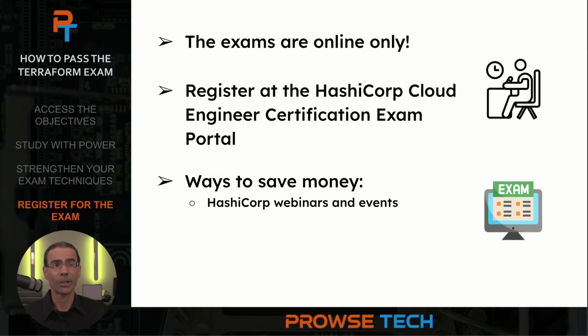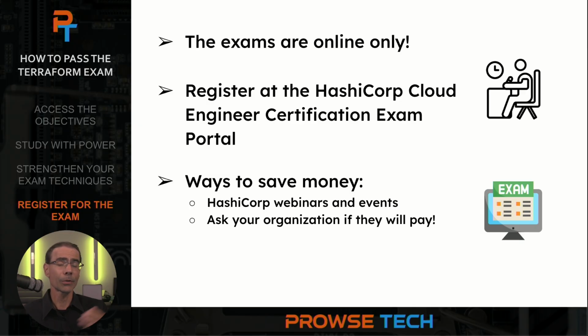And you could do that by attending HashiCorp webinars and events and getting a coupon or voucher. And also ask your organization if they will pay. If they want you to learn Terraform, then they should pay for it. They should pay for the exam. They should pay for training materials, time for you to go to a course or watch a video course, etc. So ask your organization if they'll pay.